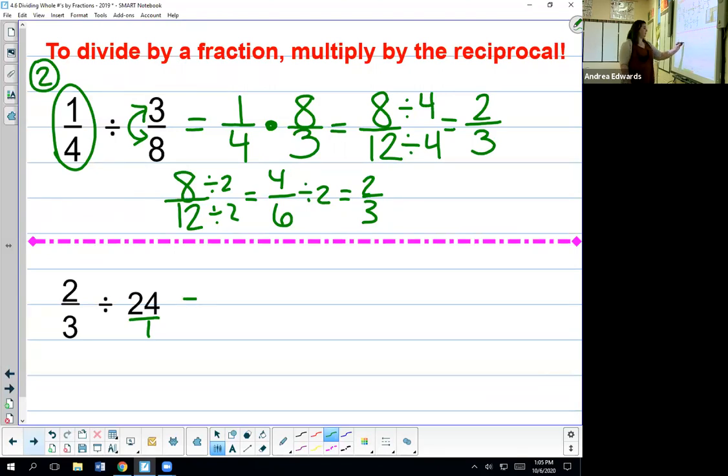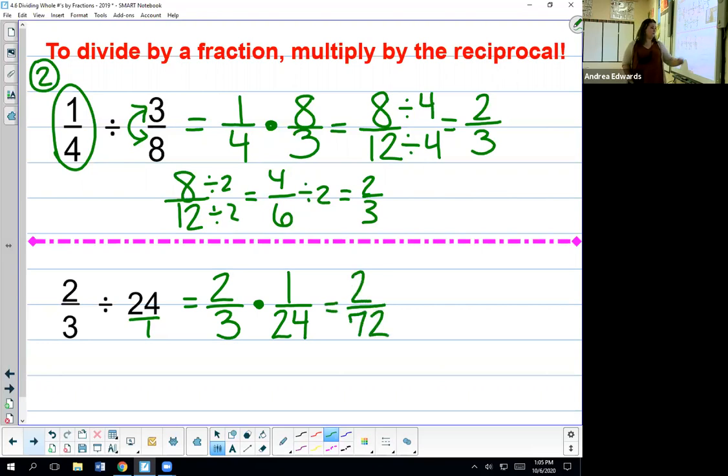So you should be keeping the first. Then you are multiplying by the reciprocal. This is 1/24. Okay. Then you get 2/72. Why are you guys saying it's 36?